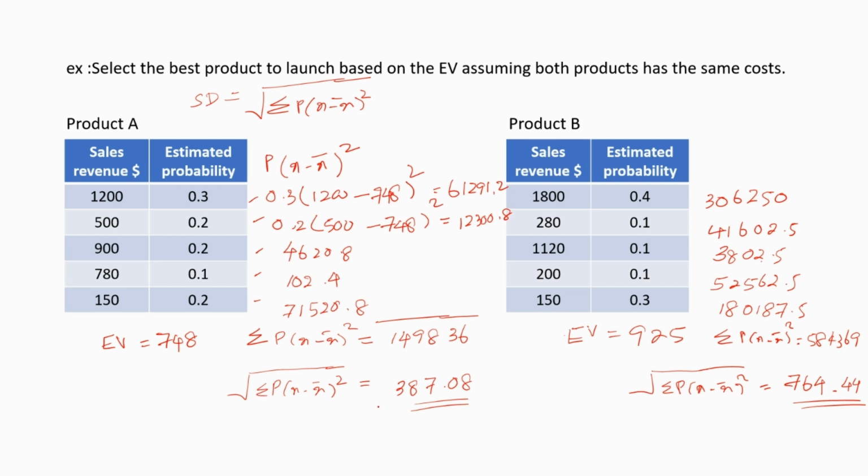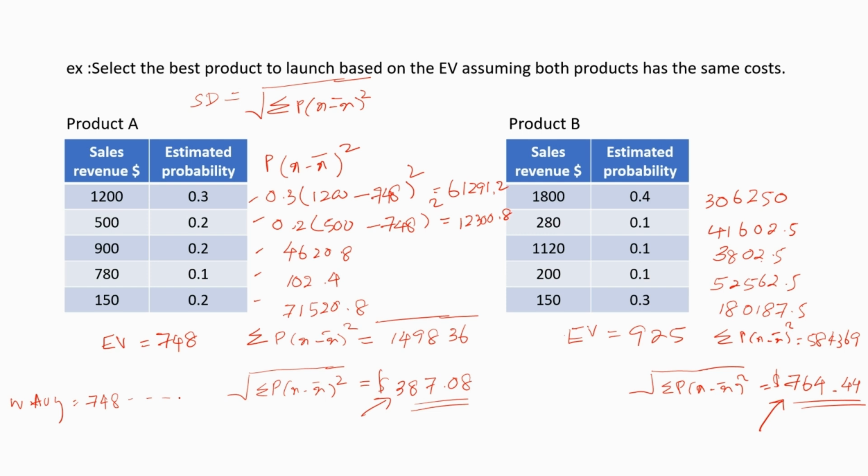So the standard deviation for product A is 387.08, for product B 764.44. Both of these are currency values. This standard deviation means, let's say for product A, the weighted average or the expected value is 748.